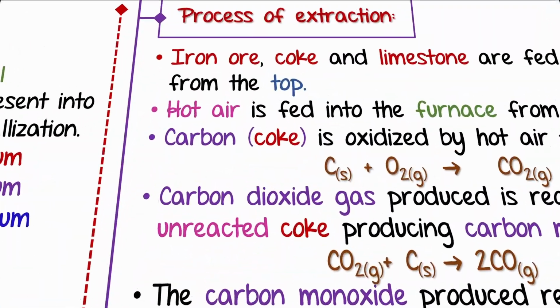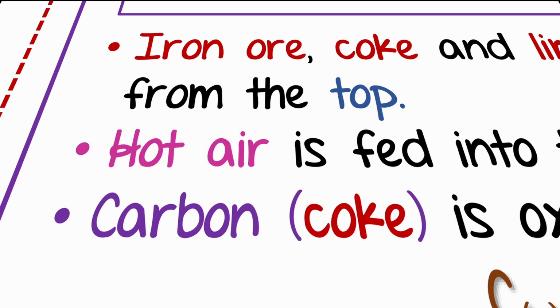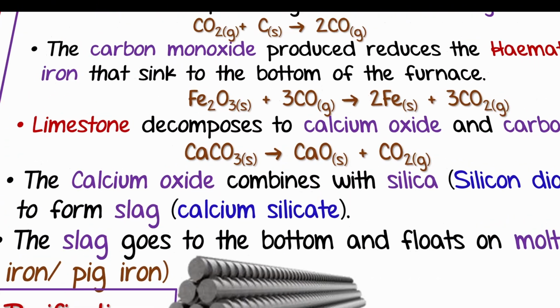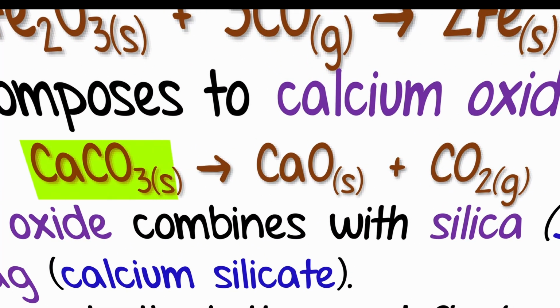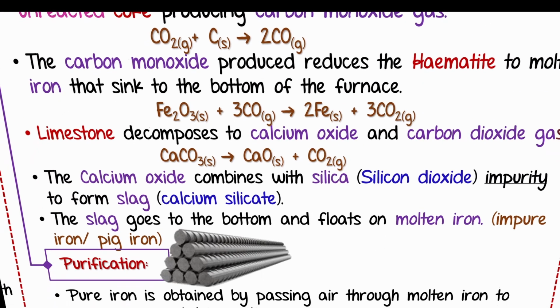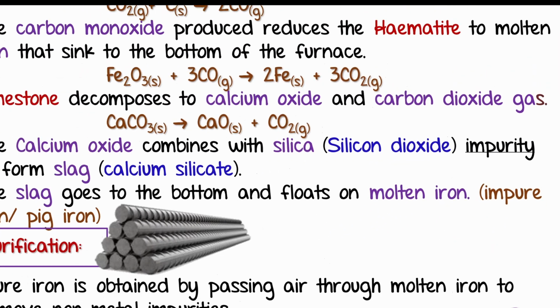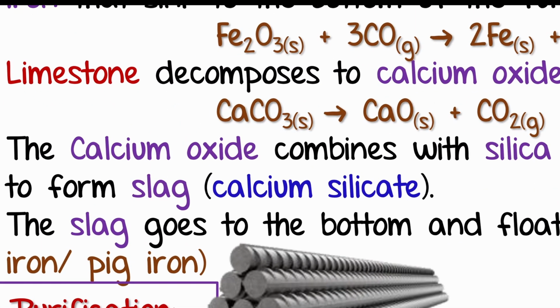So at the same time, due to the high temperatures in the blast furnace, calcium carbonate in limestone is going to undergo decomposition to form calcium oxide. This calcium oxide is going to react with the silicon dioxide impurities in the ore to form slag.